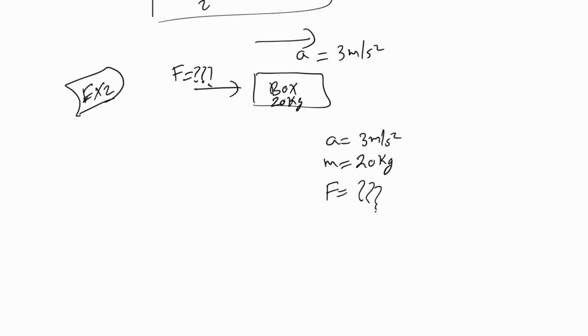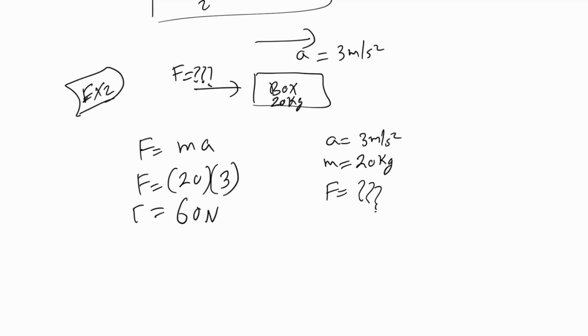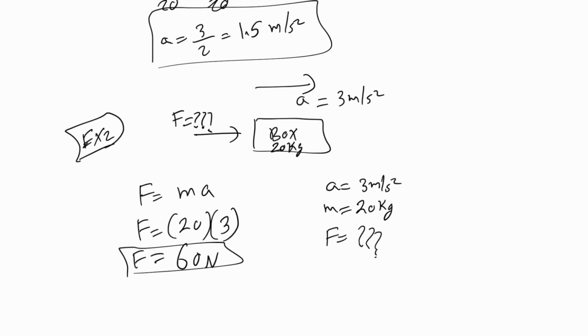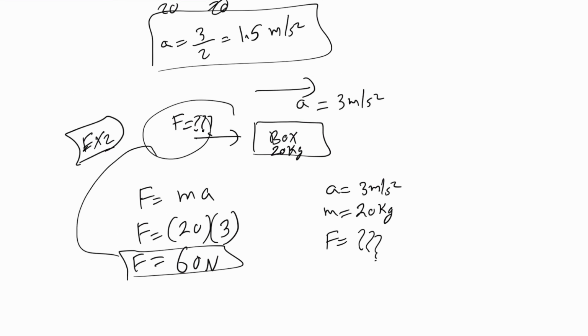So in this case, I'm going to apply the formula straight ahead. F equals ma, the force equals the mass, which is 20, multiplied by the acceleration, which is 3, equals 60 newtons. So if I apply a force of 60 newtons, my 20 kilogram block will be accelerating at 3 meters per second squared.